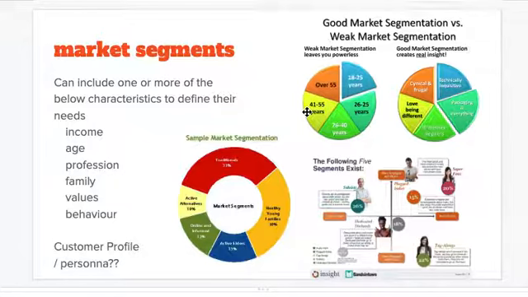Okay, so breaking it down further into those segments. You take a segment, then you can even specifically talk about things like income, age, profession, families, behaviors. So looking at something that's important, see the age versus looking at information on how they live, how they work, their particular lifestyles. Okay.